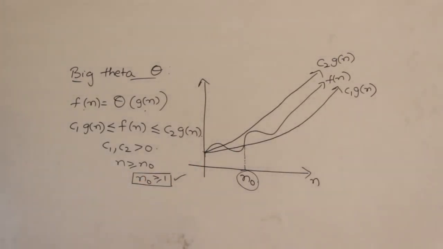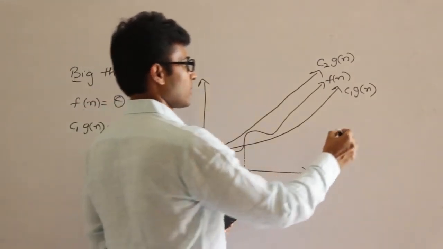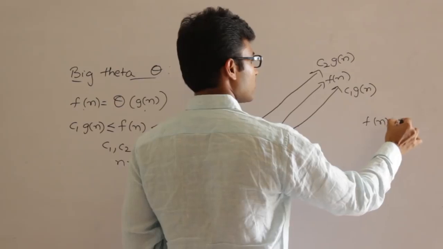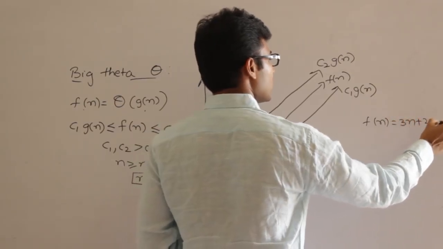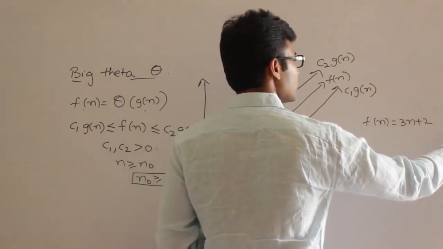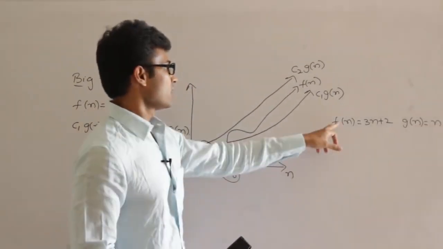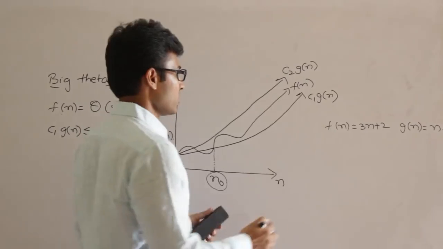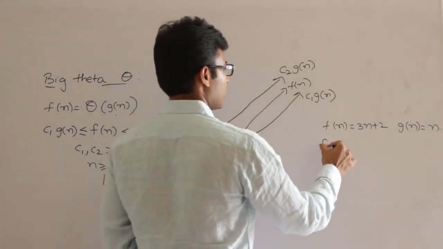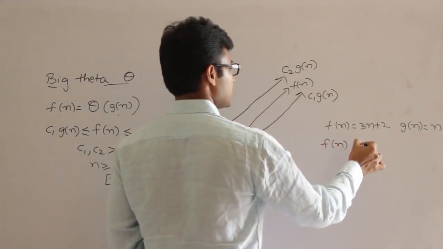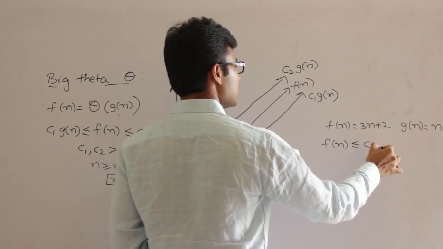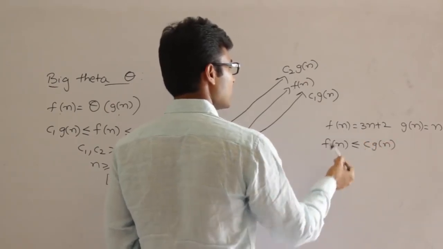So in the previous example, once we have taken this example, f of n equal to 3n plus 2 and g of n equal to n, right? And we have seen that f of n is less than or equal to c into g of n, where c equal to 4.